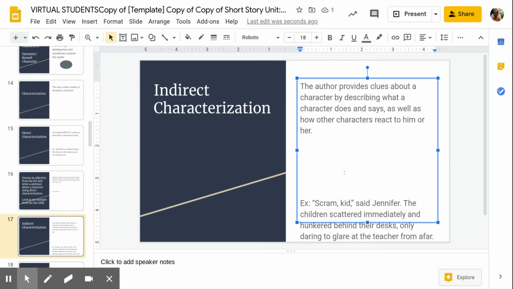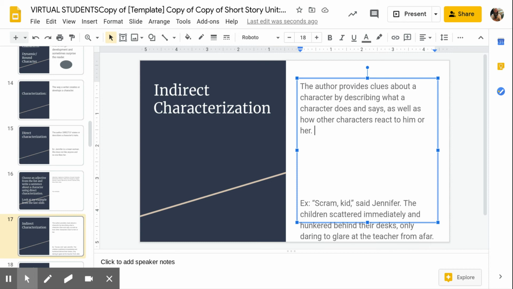A lot of times I always give this example whenever I'm in class. I remember my first year teaching. I was grading a lot of paperwork, and so my desk was full of papers. The example I gave was that direct characterization would be a student saying, "Hey, Mr. Jones, you're a slob," because you're coming out and saying it. As opposed to indirect characterization, meaning like, wow, Mr. Jones has a ton of papers on his desk.